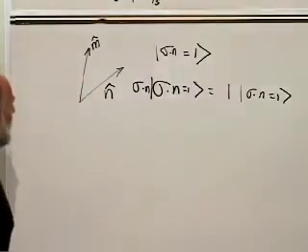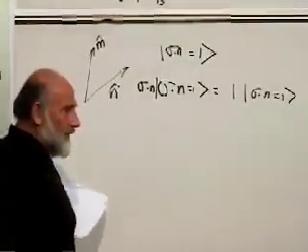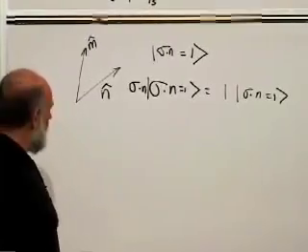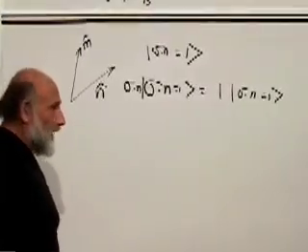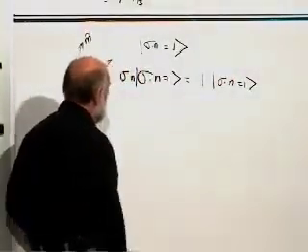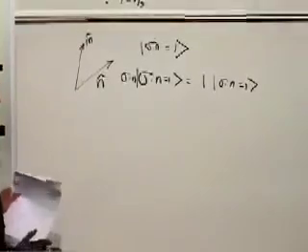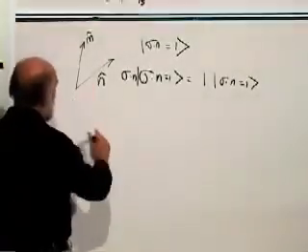Okay, that's the eigenvector corresponding to a state. We can call it an eigenstate. The word eigenstate is also used all the time. This is the eigenstate of sigma dot n such that sigma dot n, if you measure it, is definitely equal to +1. We can do the same for sigma dot m.